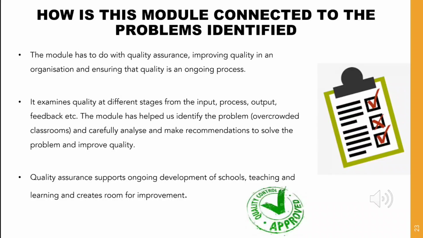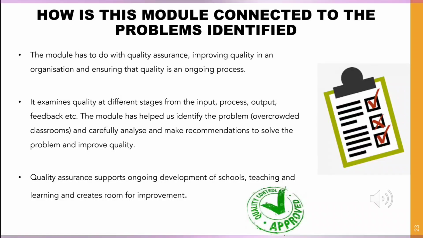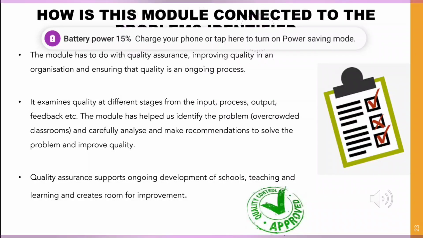After identifying that problem, we're able to carefully analyze and make recommendations to solve the problem and improve quality, as quality assurance supports ongoing development of schools, teaching and learning, and creates room for improvement.